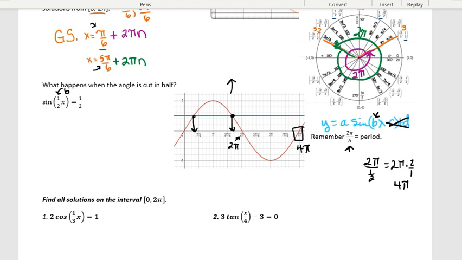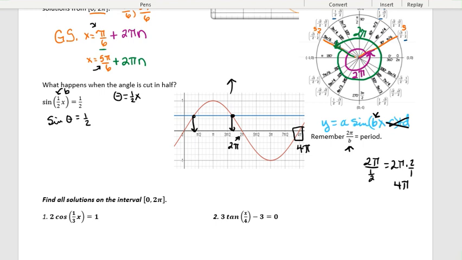Let's see how. So if we had sine of blob equals, let's call theta, let's say that theta is 1/2 x, okay? So then we have sine theta equals 1/2.